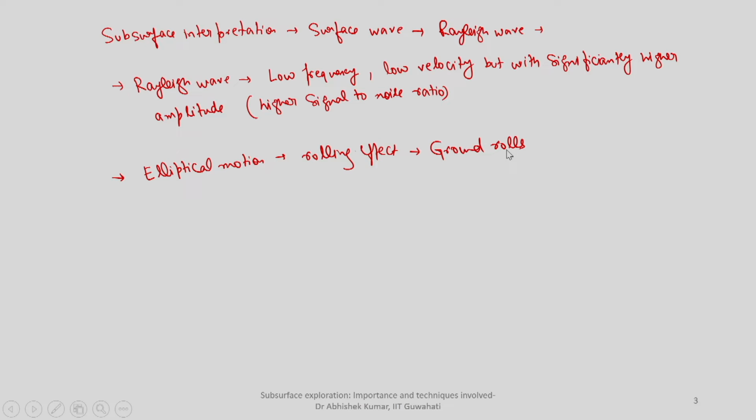Once Rayleigh waves pass through a medium, they cause some kind of roll, very similar to something rolling on the surface. So, it is also called ground rolls. In many literature you often find surface wave methods discussed as methods based on the ground rolls.